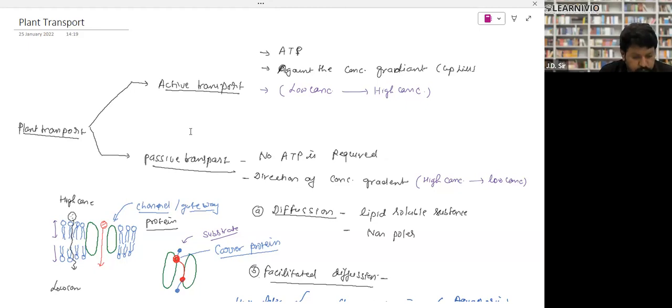In case of water, it is multidirectional. In case of mineral and organic solute, it is also multidirectional.